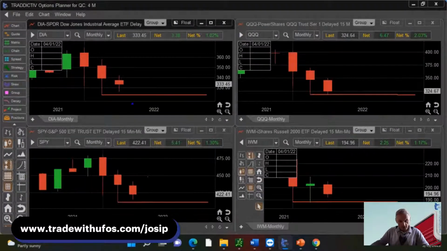However, you would see right now that we do have a similar kind of tail on SPY, very little tail on the Russell, and virtually no tail on QQQ, which means if somebody put a gun to my head and said choose the one to go bullish on, I would definitely consider the Dow Jones Industrial Average to be the strongest of the weakest. However, I'm not done with my analysis.